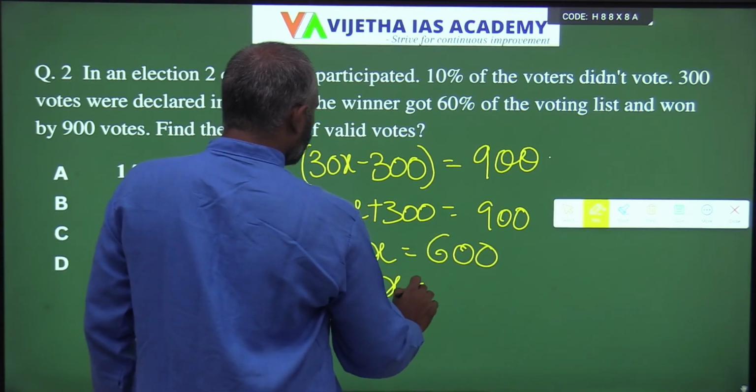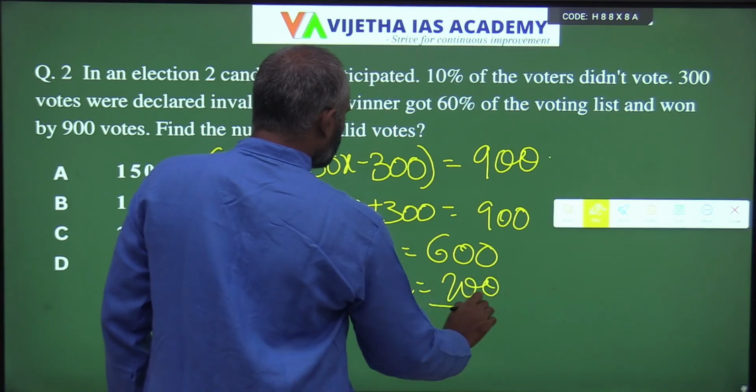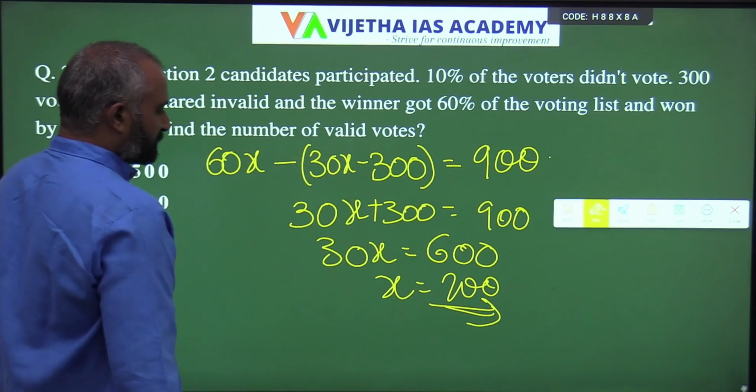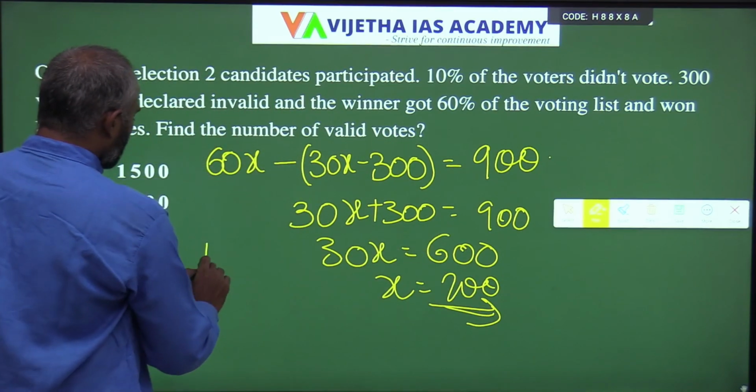So x is equal to 200. So what was the total number of votes?